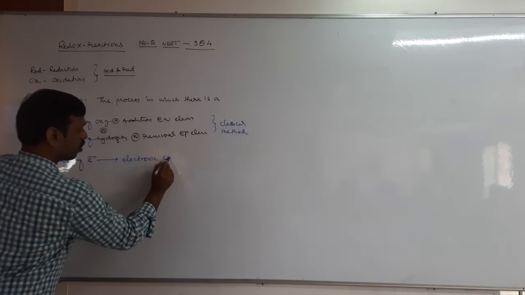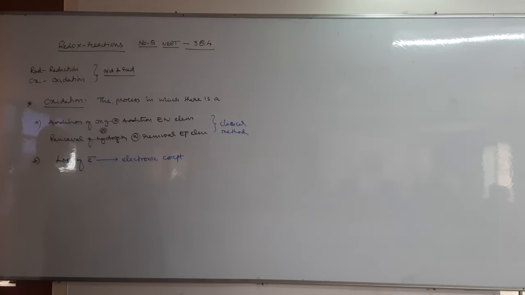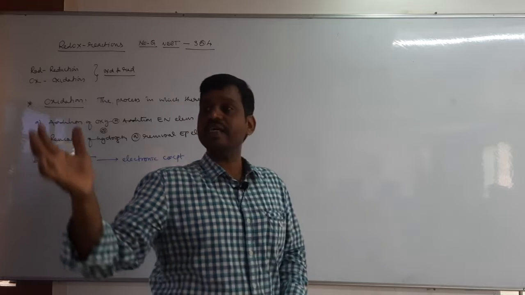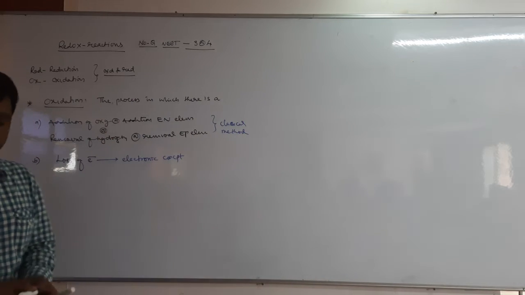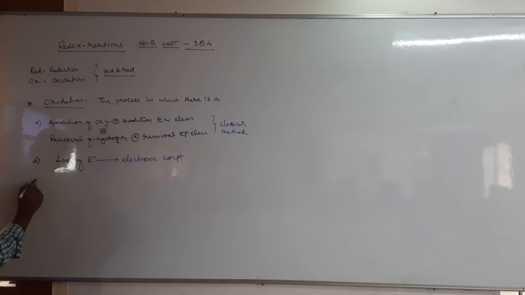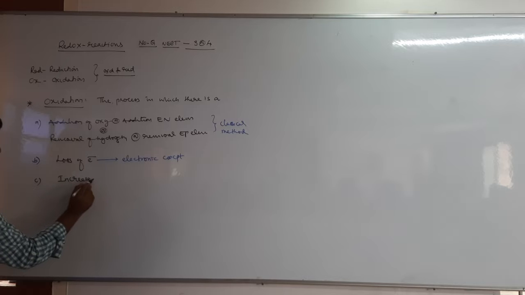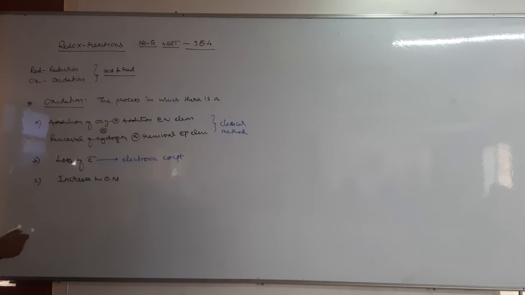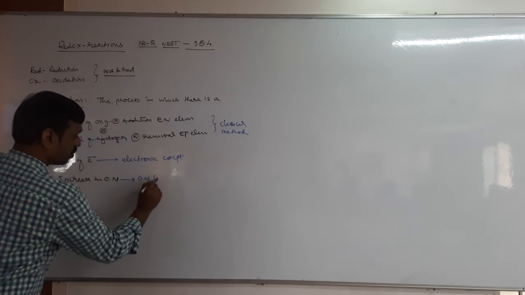According to the electronic concept, what is oxidation? Loss of electrons. Is oxidation only loss of electrons? No, oxidation is also an increase in oxidation number, because in all oxidation the oxidation number increases. This is according to the oxidation number concept.